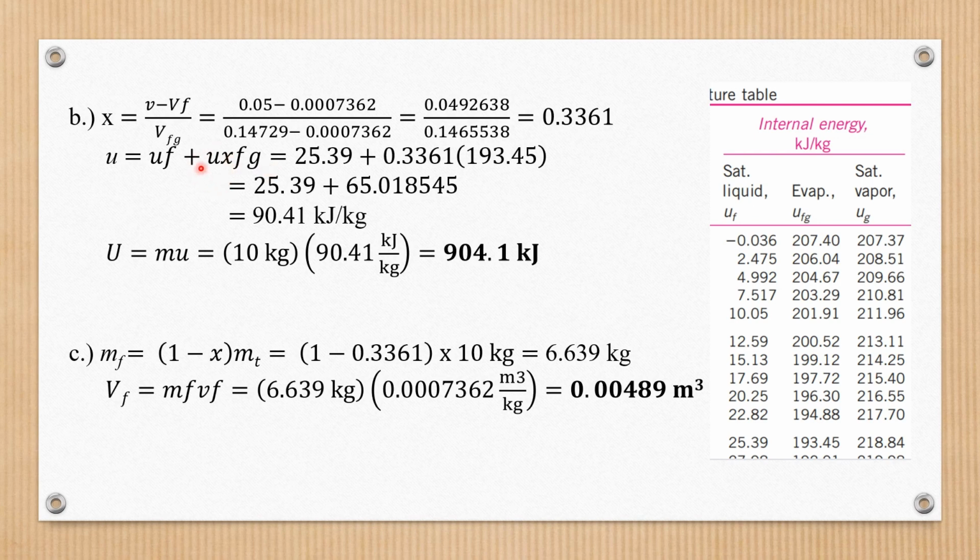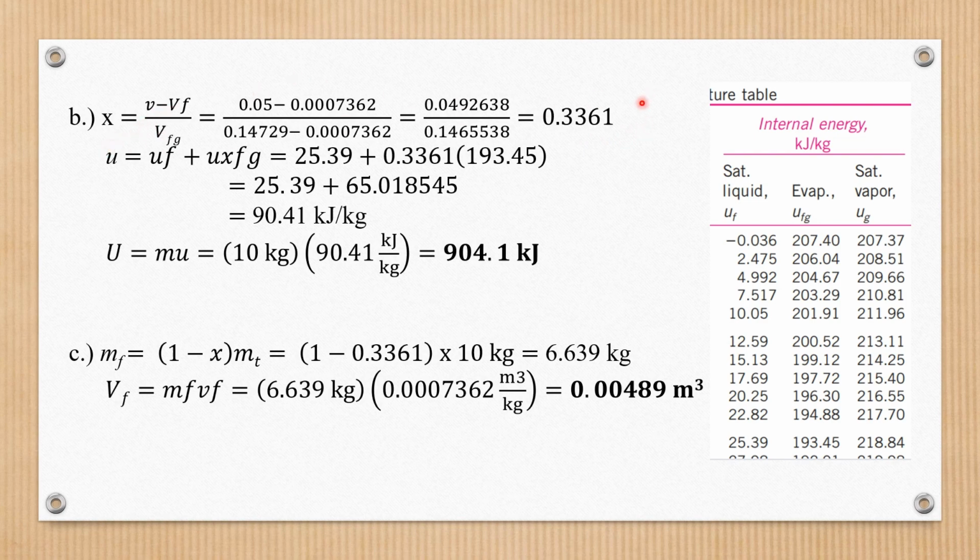Since our quality is not given, we find it first: quality is equal to specific volume minus saturated liquid over the difference of saturated vapor and saturated liquid. Substituting the given values and plugging it in our calculator, we will get 0.3361.